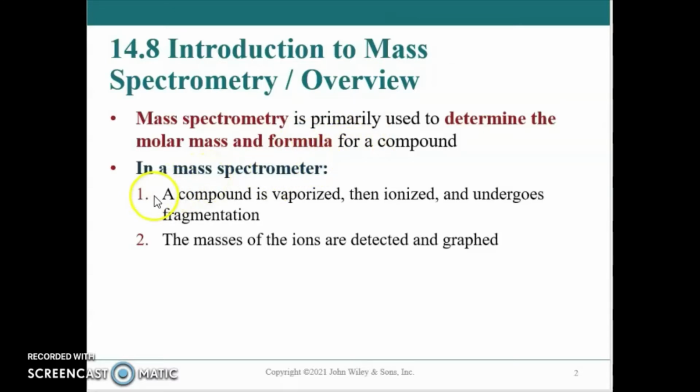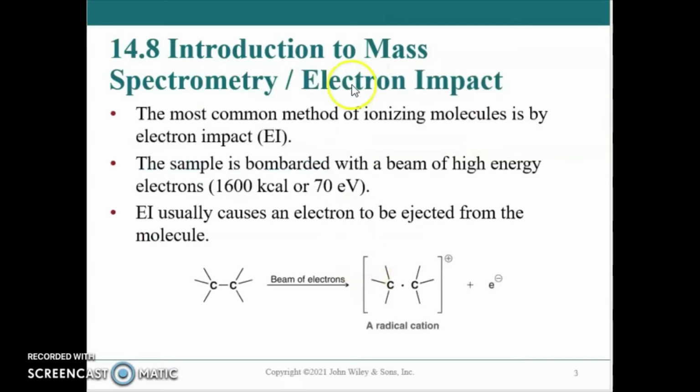In the mass spectrometry experiment, a compound is vaporized, then ionized, and then it undergoes fragmentation. The masses of the ions, which can be the ionized compound as well as those fragments, are detected and graphed. So that's what we just looked at in the spectrum of bromobenzene.